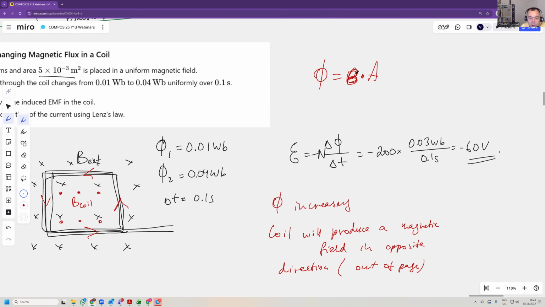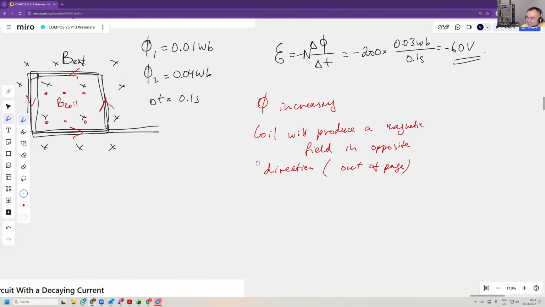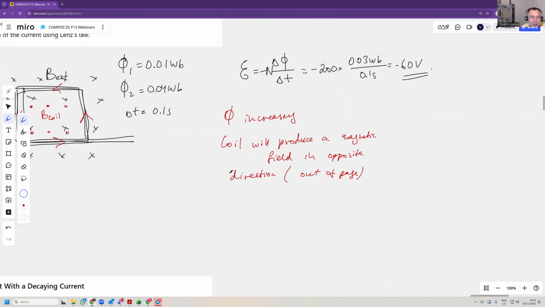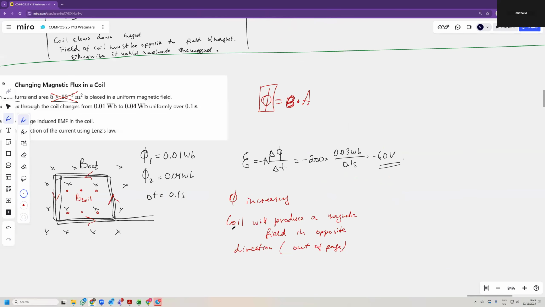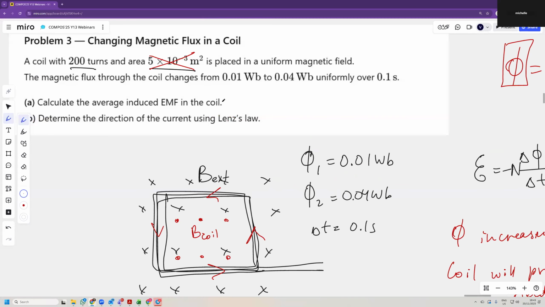So effectively this is extra information which we don't need. Maybe it was the field: if the field changed from 0.01 Tesla to 0.04 Tesla, then we would use the area. But because we're given the flux, no, we don't need it.